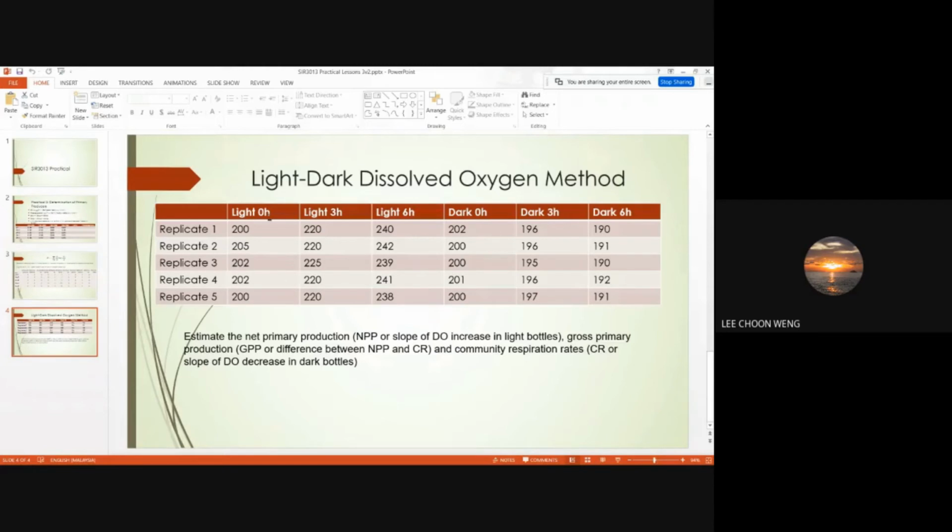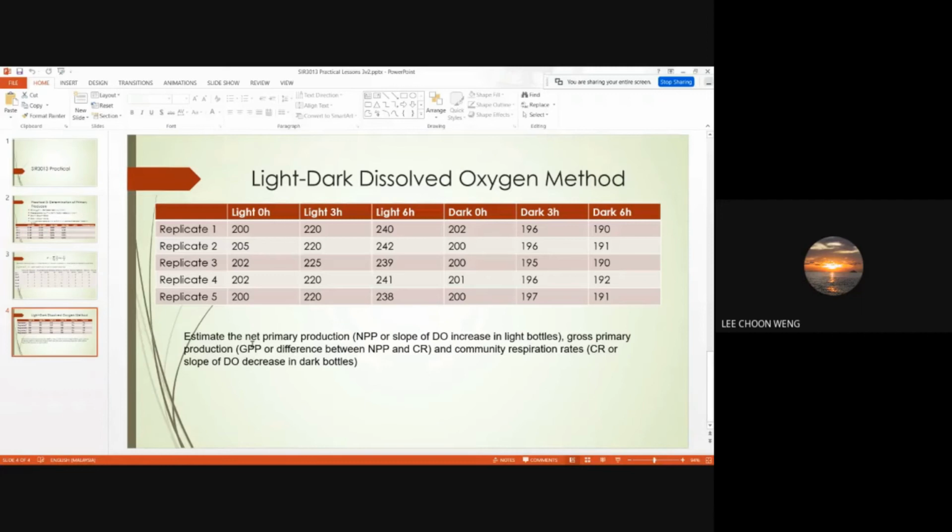Next is the light dark dissolved oxygen method. So very straightforward. You just need to know the slope. So the slope you can calculate by using a linear regression equation. Okay.